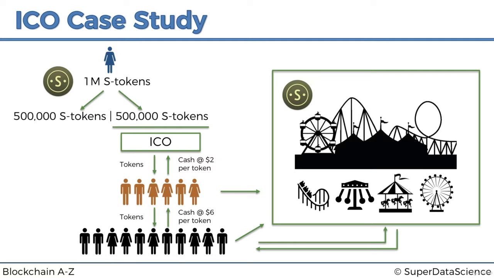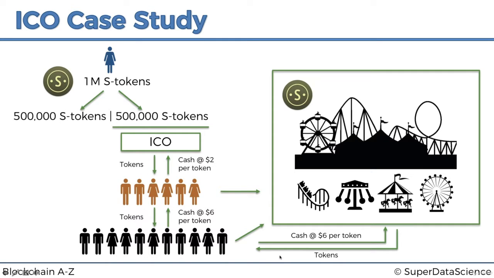So the public doesn't only have to buy the tokens from the people that initially invested into the ICO. They can also buy them from the business. And again, here they get tokens. In exchange, they pay cash at the current market price, which might be $6 per token. So if they want to either invest into tokens or use them in the park, the idea is that tokens are actually designed to be used.